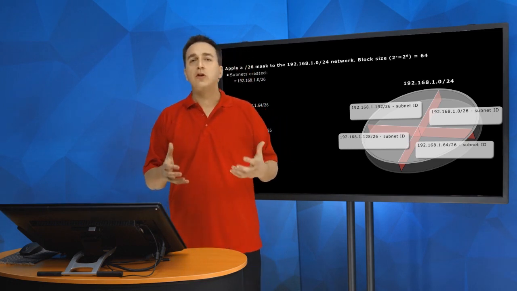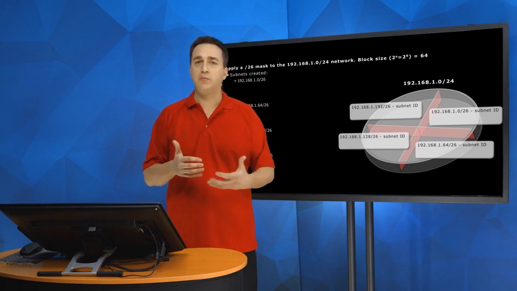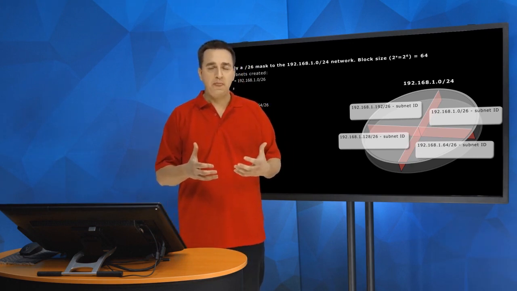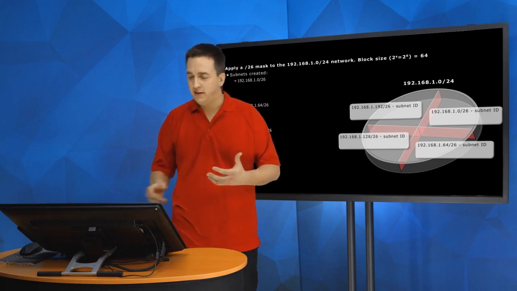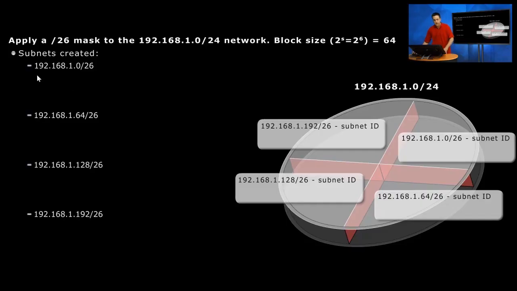So the first usable address will always be the next address after our subnet ID. So in this case here, the first usable address is going to be 192.168.1.1. In this example, we're going to have 192.168.1.65.